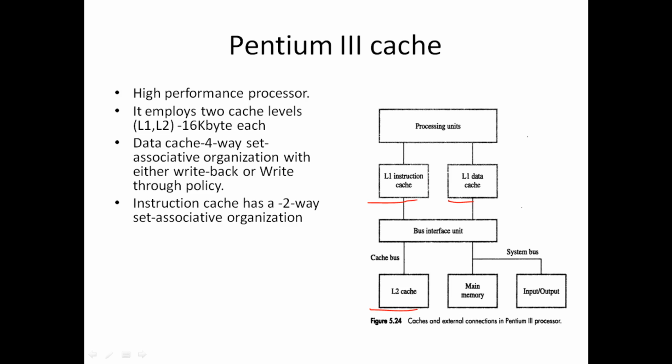L1 is divided into two parts: the instruction cache and the data cache. Both are 16 kilobytes. The data cache is four-way set associative, and the instruction cache is two-way set associative.